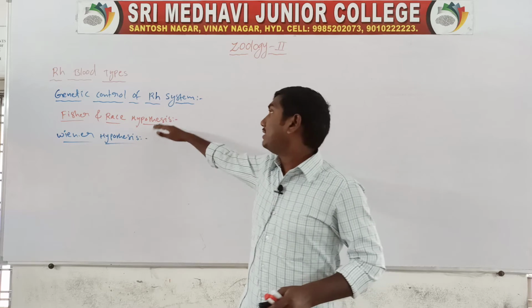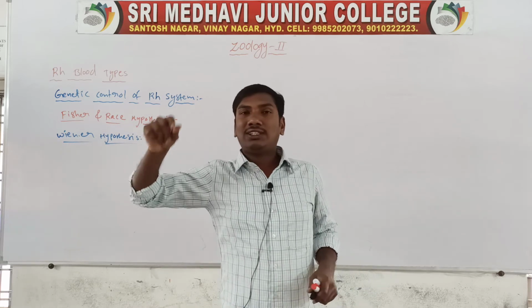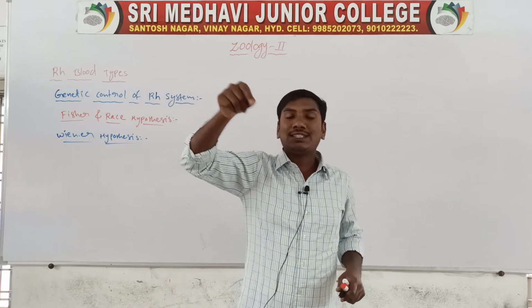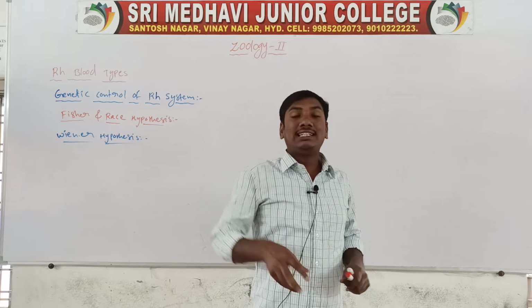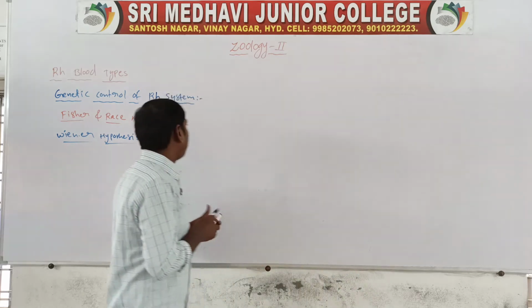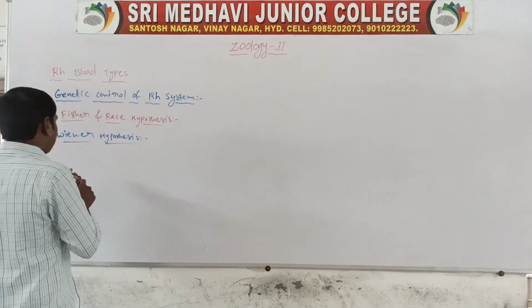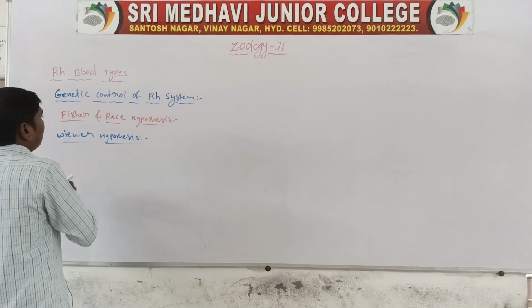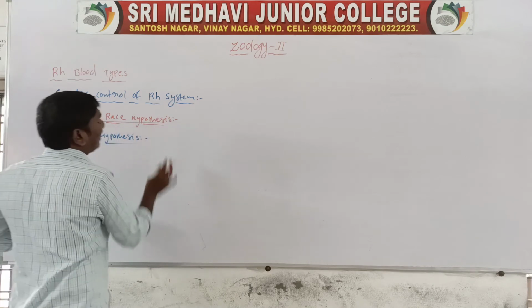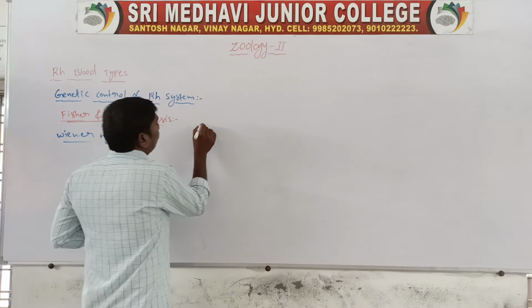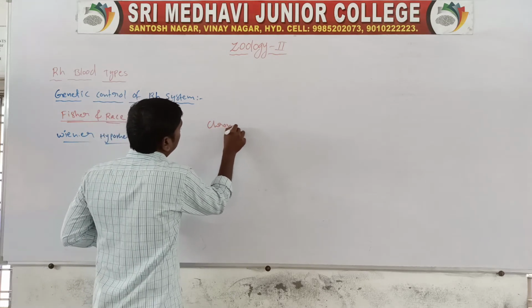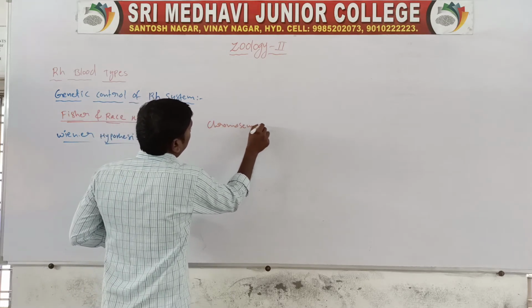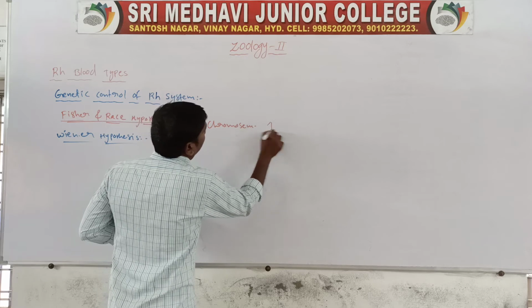In the genetic control of the RH system, based on the Fisher and Race hypothesis, the RH factors are present on chromosome number 1.